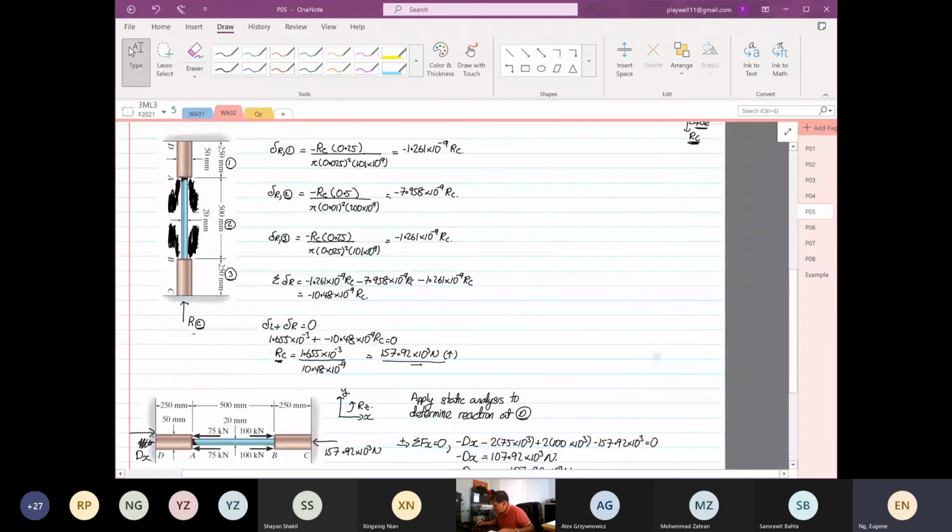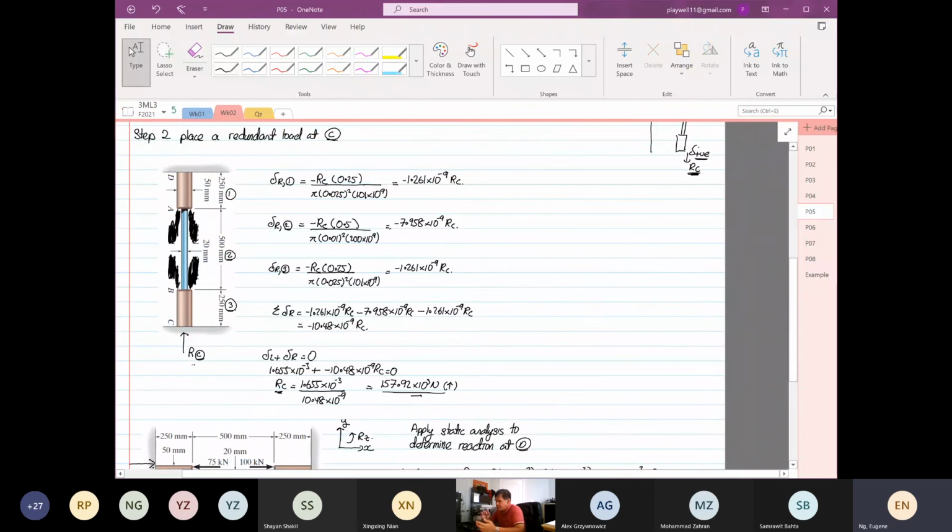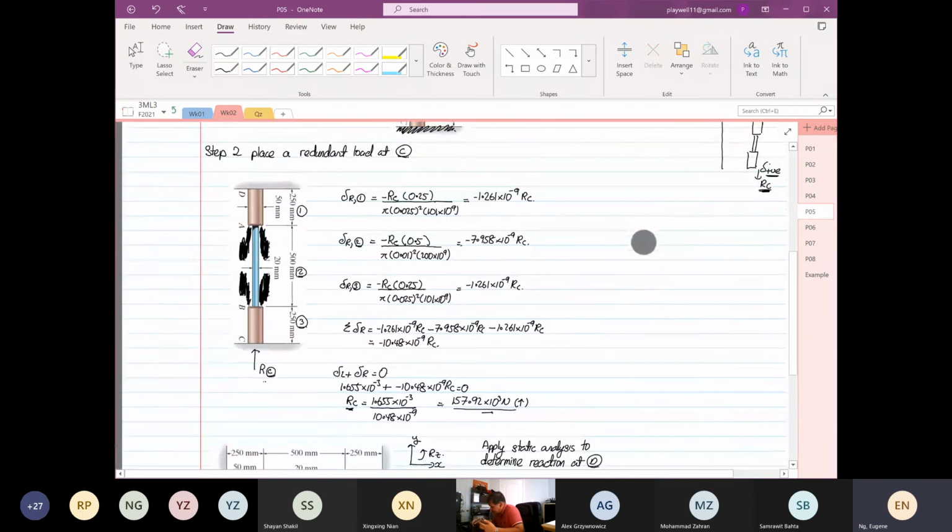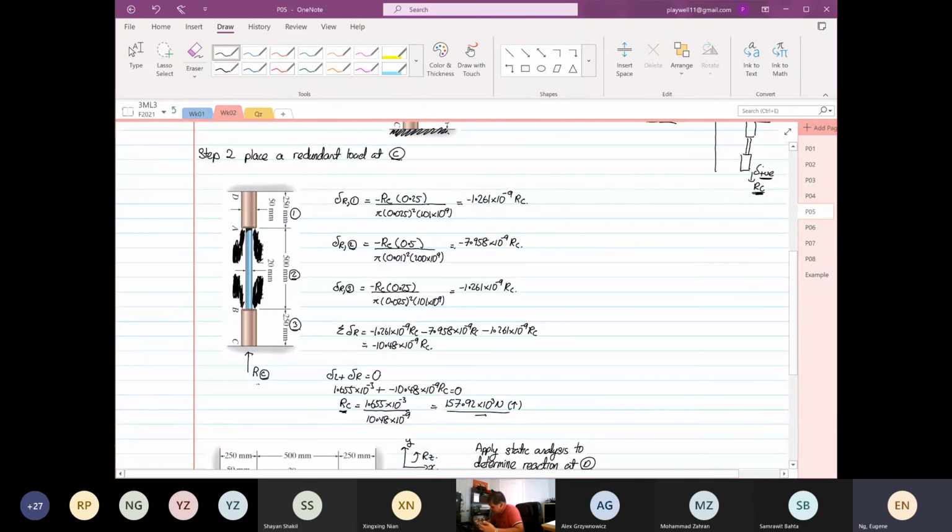It's pretty straightforward. The only thing that you have to consider is what section to use, how to divide your section, and the critical part when you put in a redundant load. For this example, when we put in the redundant load, we also analyze 3 sections because of the change in geometry and change in material.